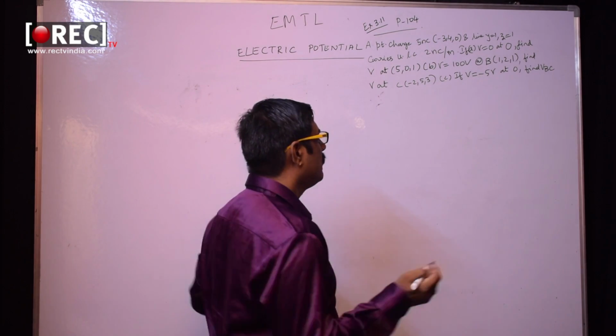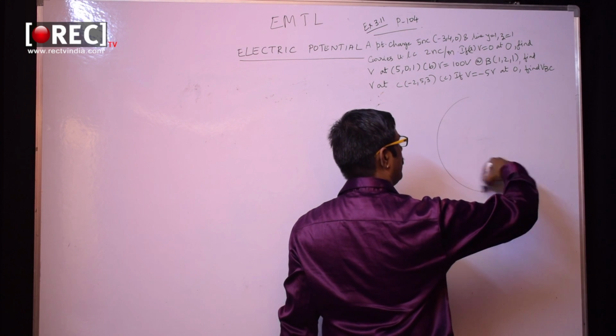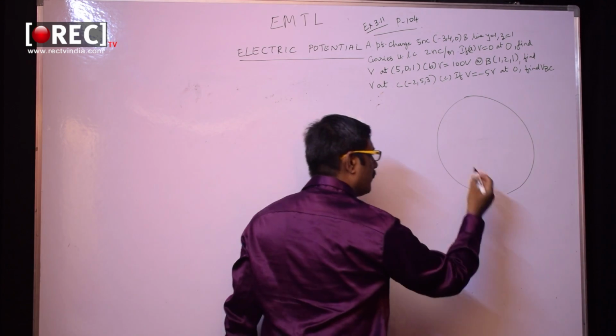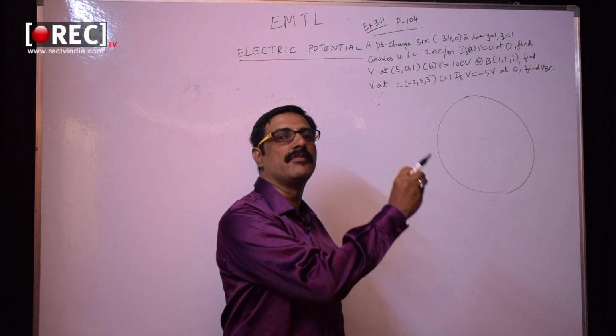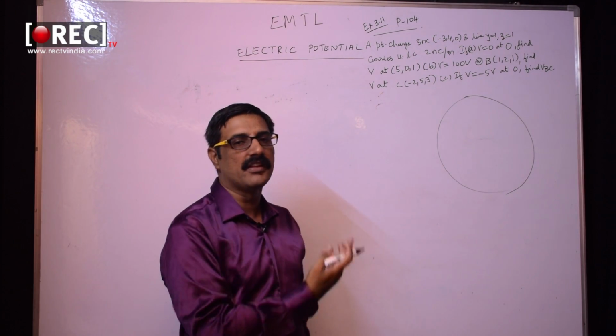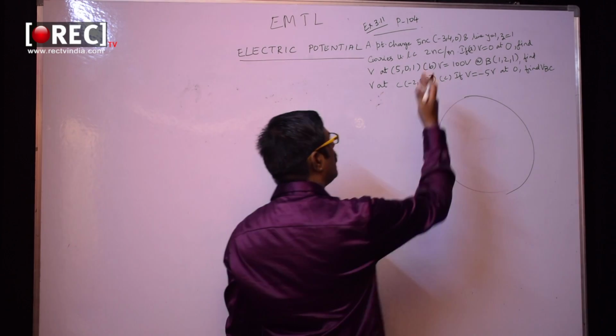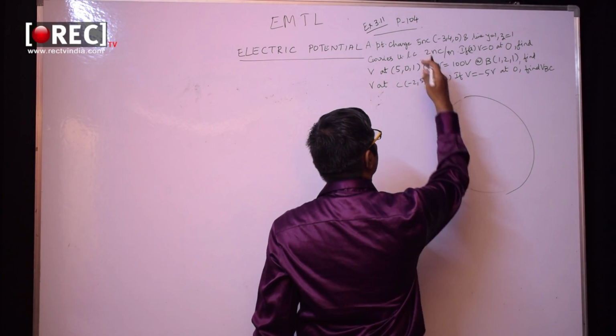As usual, we need to assume an electric field. We need to assume a circular electric field like this, and we need to incorporate each and every source or point given in the problem. First let us start with the 5 nanocoulomb.